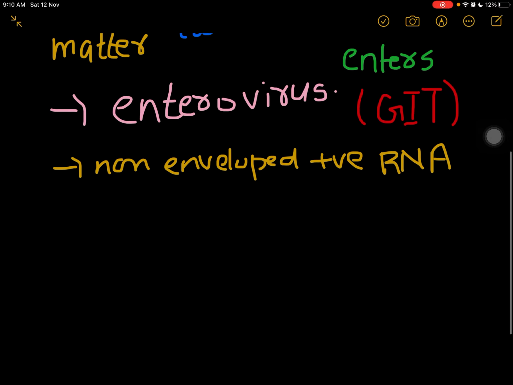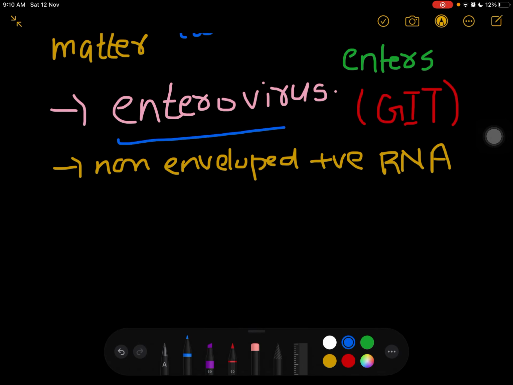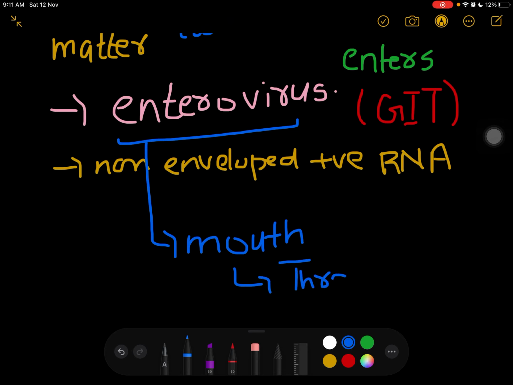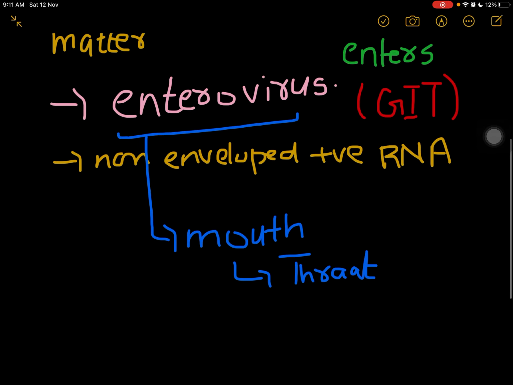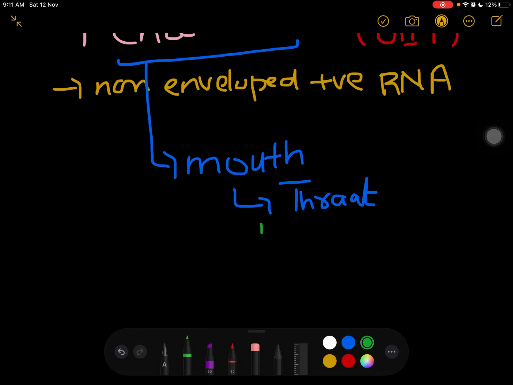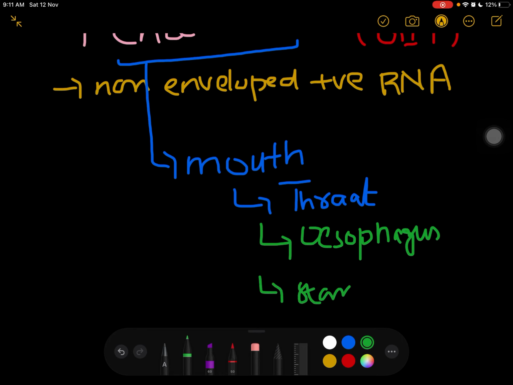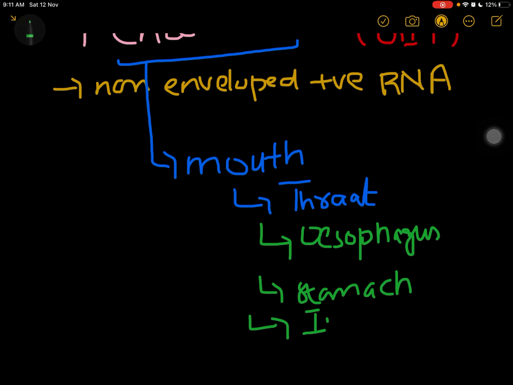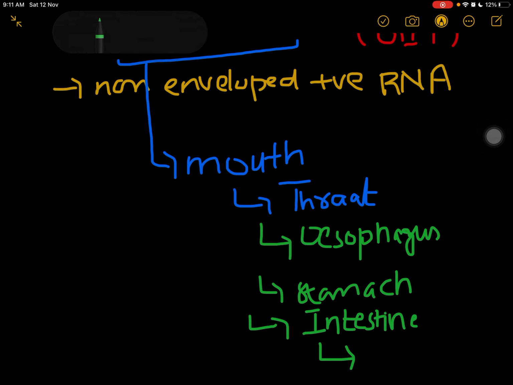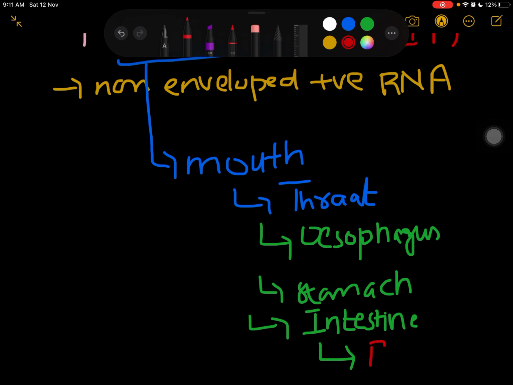So now let's talk about the enterovirus route. It enters through your mouth, right? Then it moves to your throat, then through your esophagus, then into the stomach, then into the intestine, and then from the intestine it will diffuse into the blood.